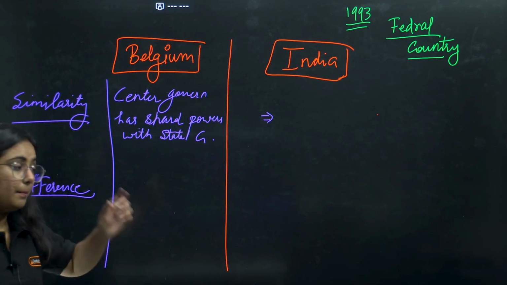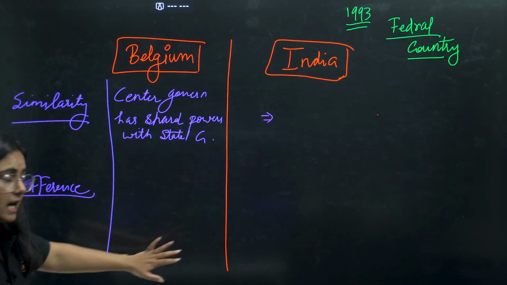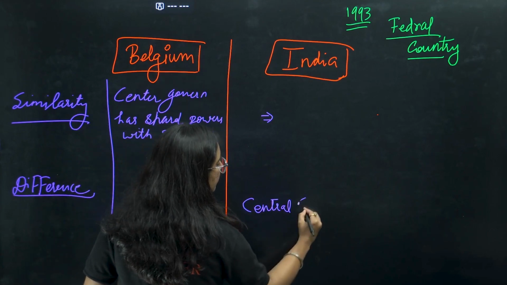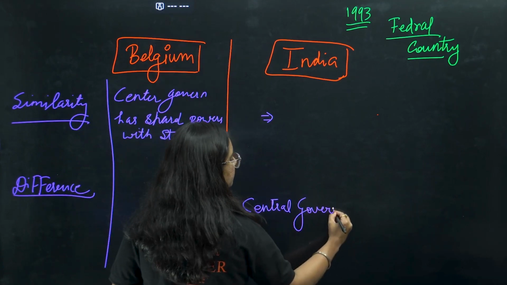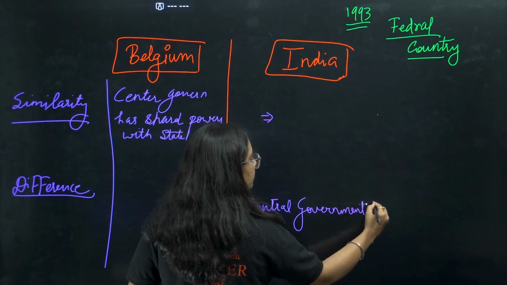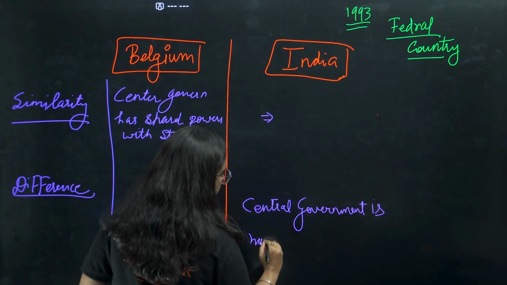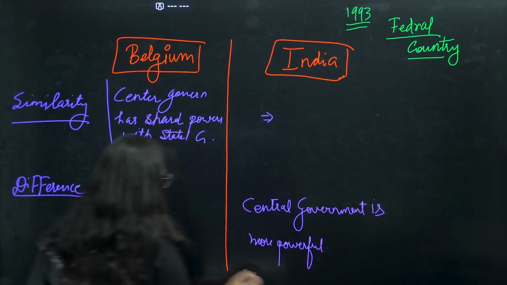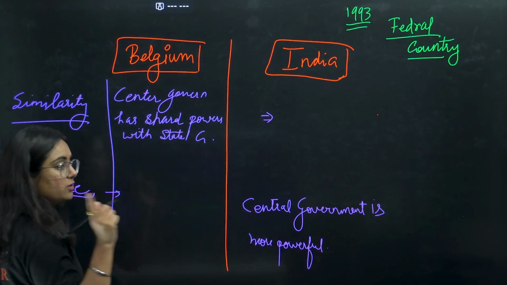But one major difference is that in India, the central government is more powerful. But in Belgium, it is not so.